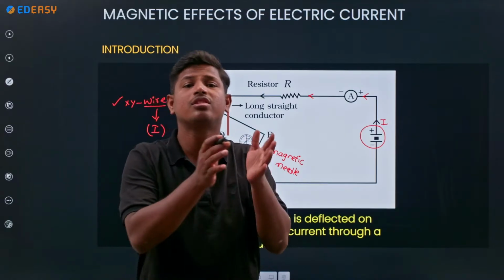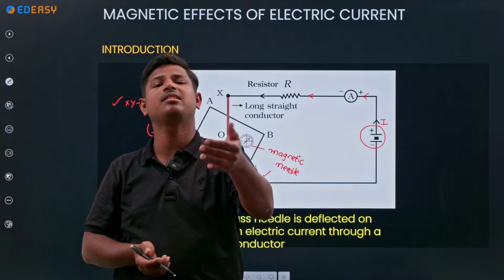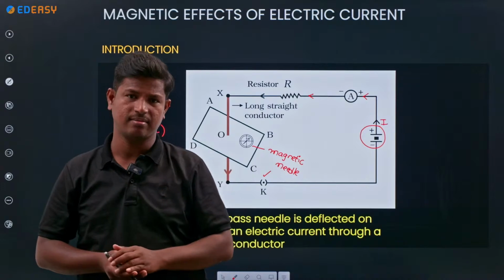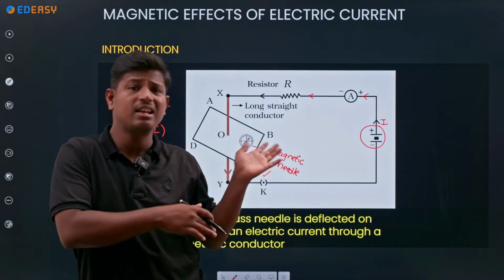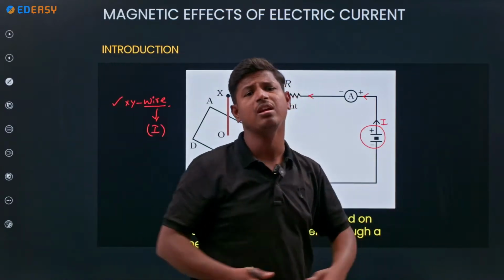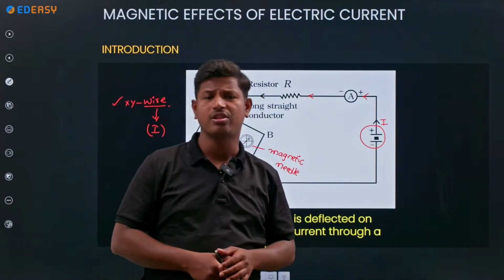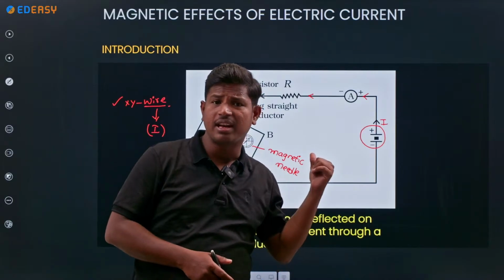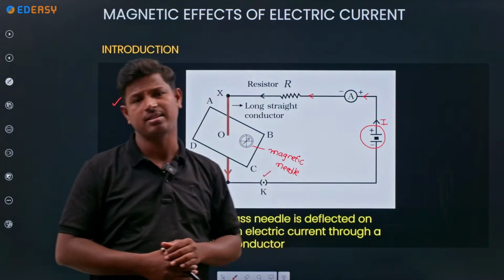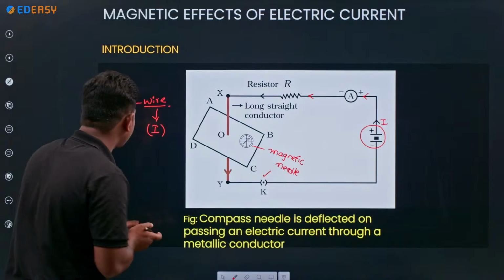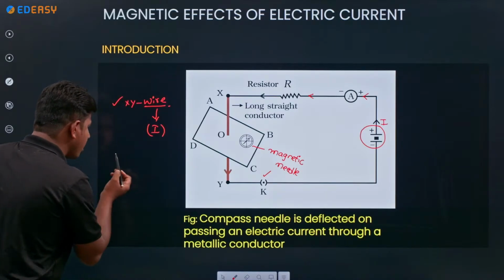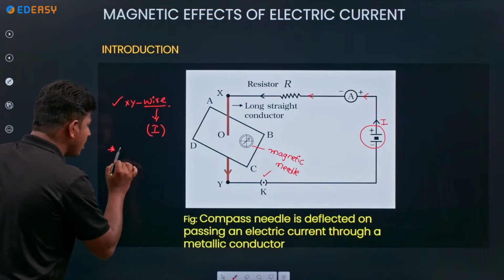Then Oersted said there is a relation between electricity and magnetism. Before that, they treated electricity as one topic and magnetism as another topic. In the experiment of Oersted, they found a relation between electricity and magnetism. What relation is there? Remember the point.